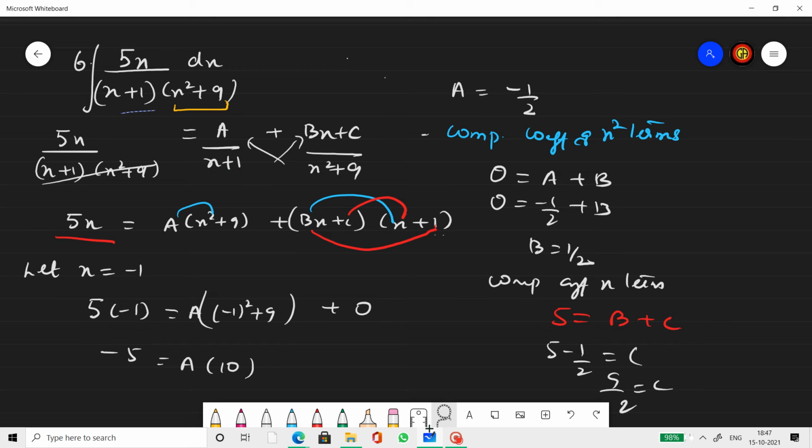First we utilize the factor that is available. So we are taking x plus 1, x is minus 1. We find the value of A. Then we compare the coefficients of x square term. When you compare x square terms, you will be able to find the B value. And when you compare x terms, you will be able to find the C value. Once you find A, B, C value, apply it over here. A by, it's minus half by x plus 1.